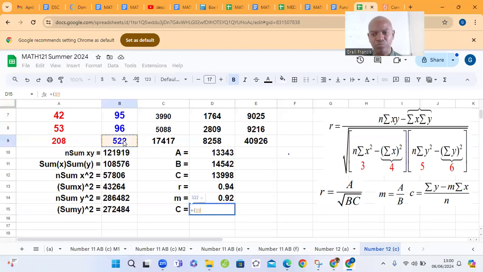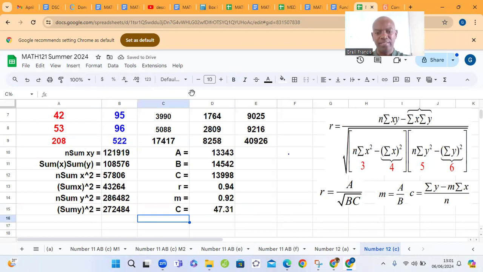Here it is, the sum of y, 522, minus m times the sum of x. The sum of x is in A9, close bracket, divided by n, which is 7, and this gives us an estimate of the y-intercept. We can reduce this to 2 decimal places, and basically we can write out our equation, y is equal to mx plus c.